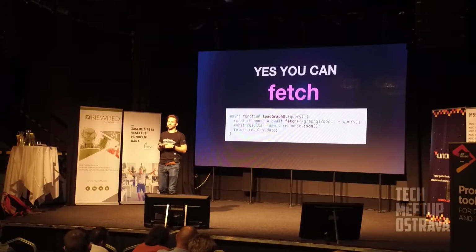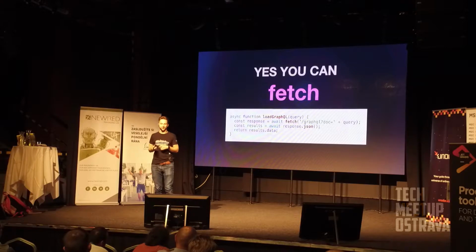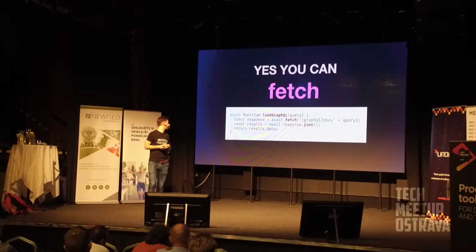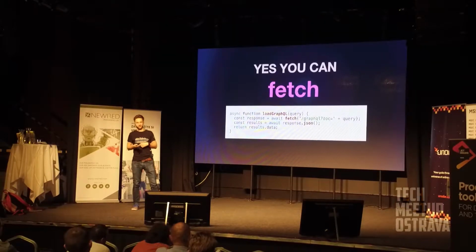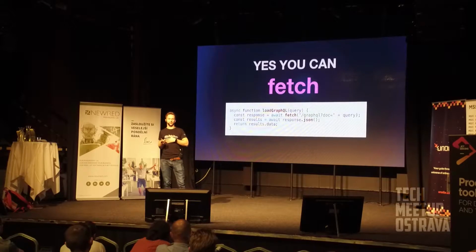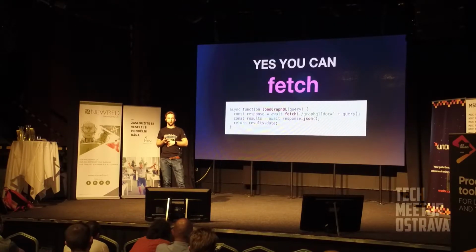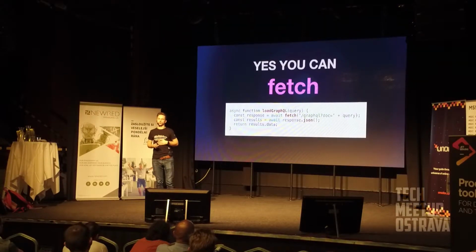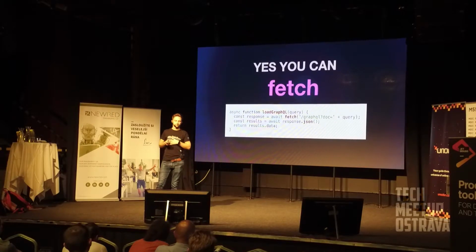Sometimes you do not need any special library. You can just use fetch. Here, this is just a normal synchronous function that receives the query, the payload for the GraphQL query.